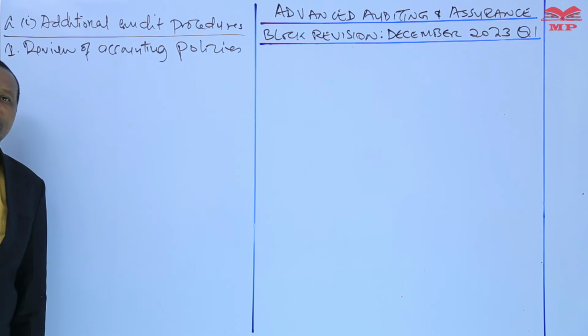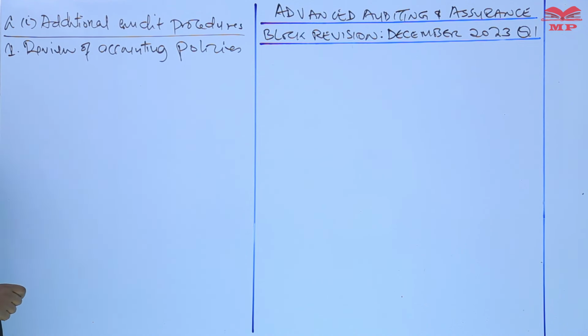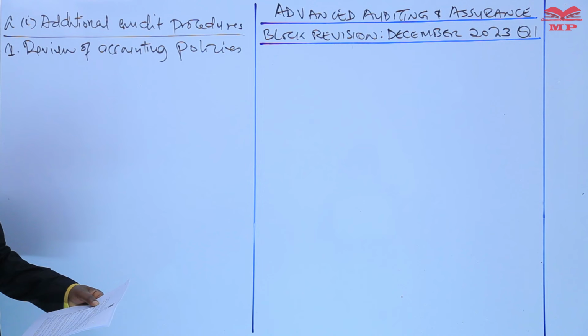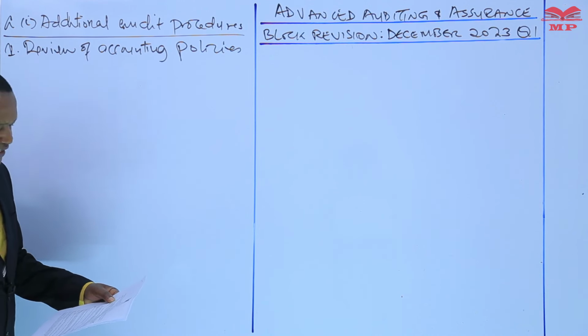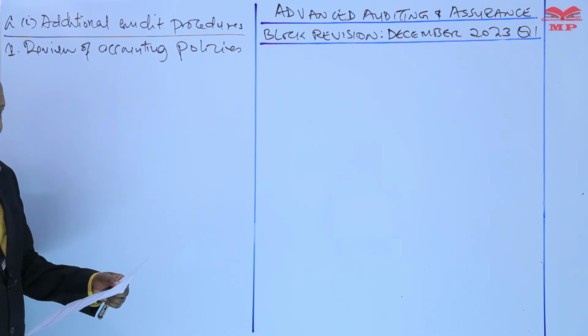Review of accounting policies, because candidates, every company must have accounting policies on different matters. For example, on the estimation of depreciation, a company must have accounting policies in relation to depreciation. And therefore, given that there is a problem on the buildings, we've read that the audit has been completed, but there is a matter that has not been resolved on depreciation of buildings.